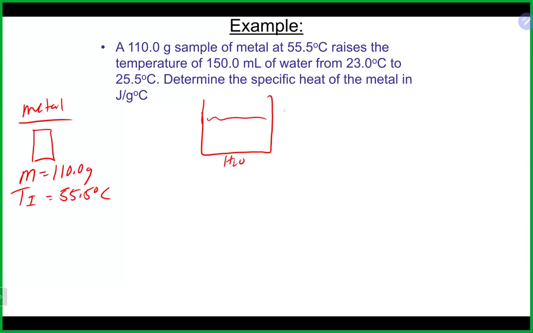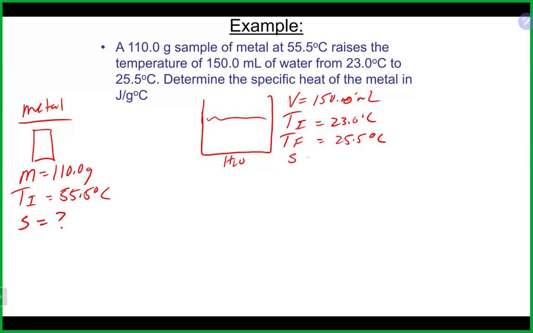And in terms of the water, we do have a volume of 150 milliliters. We do have the initial temperature of the water. We also have the final temperature here of the water. And we are looking for the specific heat capacity over here of our metal.